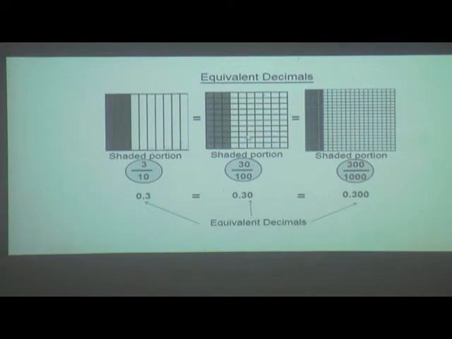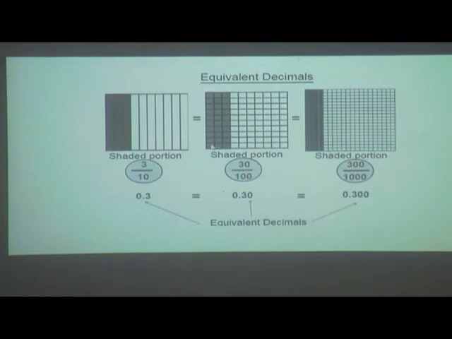Now we have another paper sheet of the same size, which is divided into 100 squares, means it is divided 10 vertically and 10 horizontally, so the total is 100. Now out of this 100, how many parts are shaded?